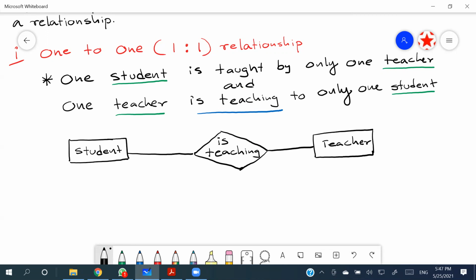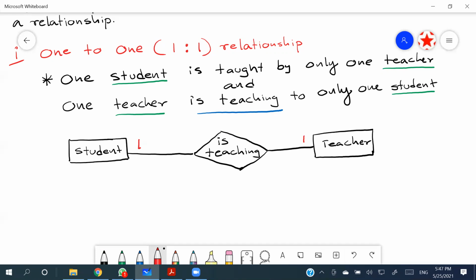So now we have to put the cardinalities right over here and here. Then one to one now. I'm going to indicate it like this, one to one. We are not going to circle it, I'm just showing you the positions.